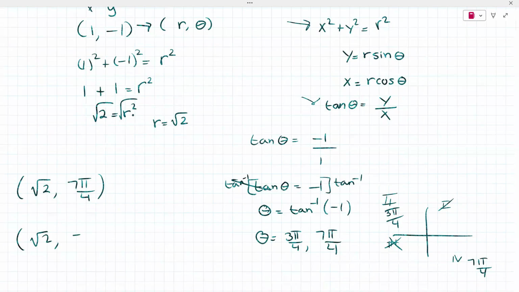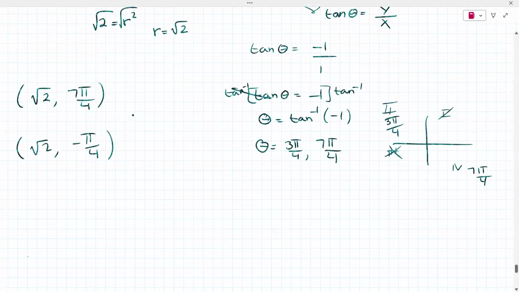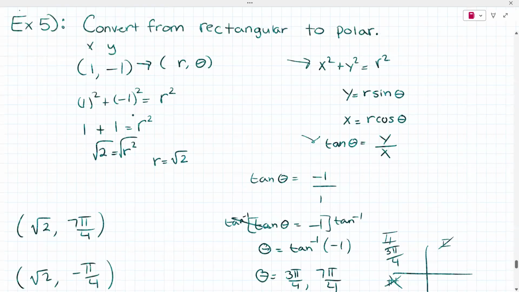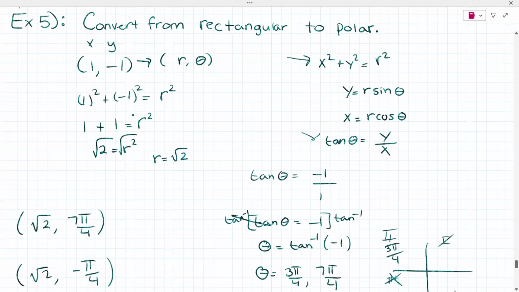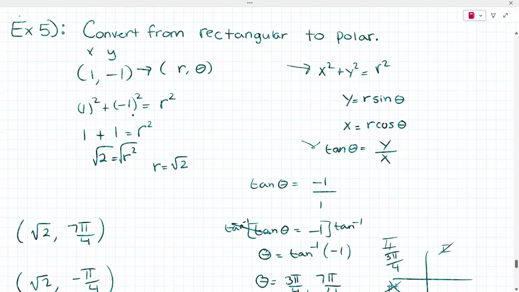That gives you the same position as 7 pi over 4. Keep in mind, remember in the first example, you can make your radius negative and you can change the theta as long as you're in the same position.